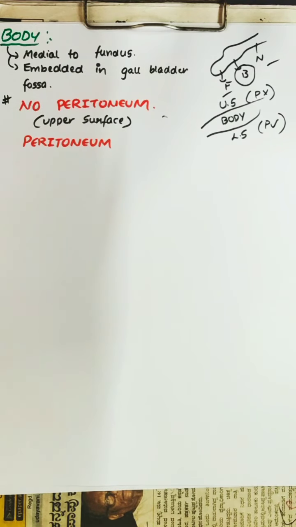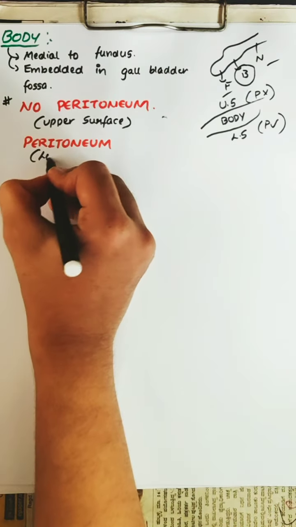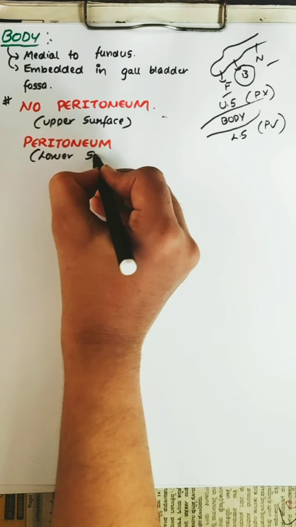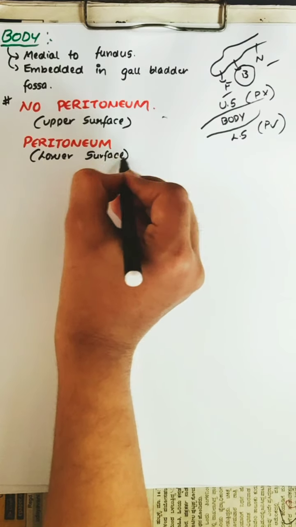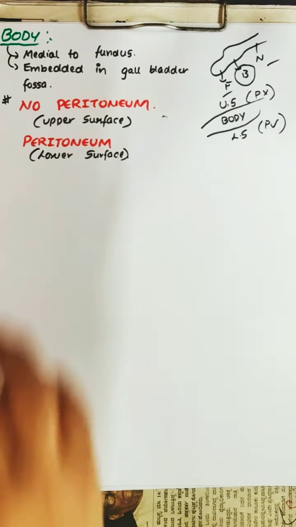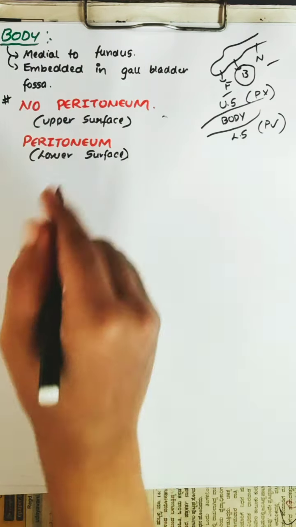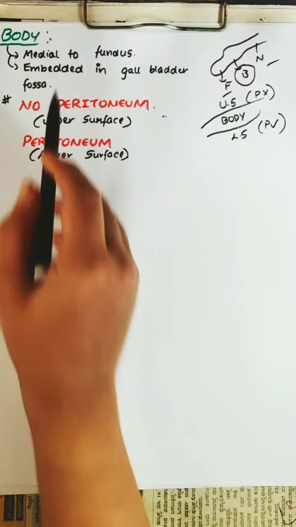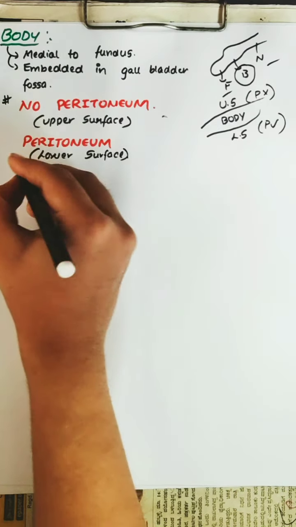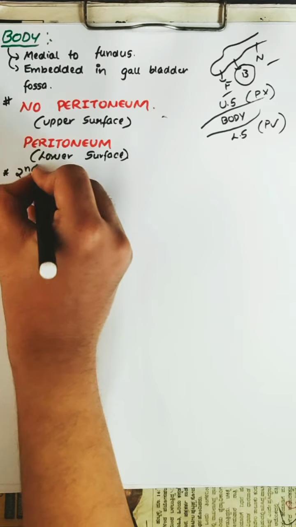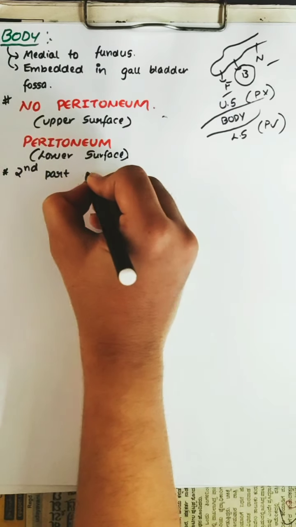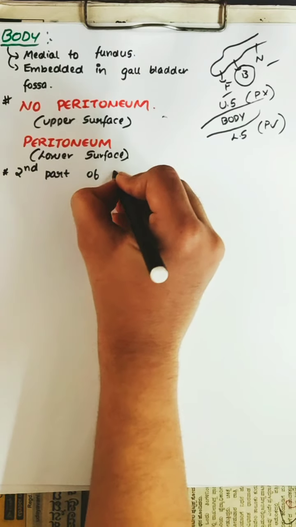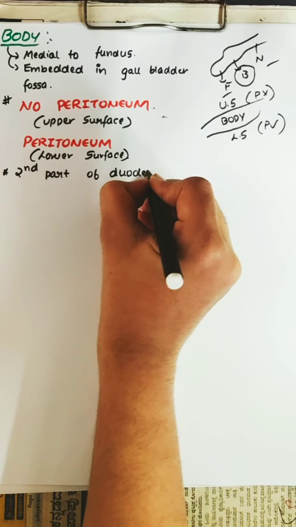As the fundus comes near the inferior border of the liver, the body comes near the second part of the duodenum.